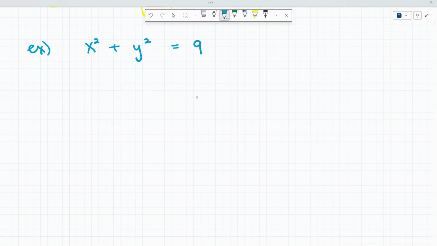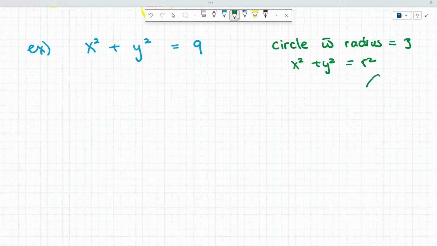This is in fact the equation of a circle with a radius equal to 3, because the equation of a circle is x squared plus y squared equals r squared. So here we have a circle with a radius of 3. That's our equation.